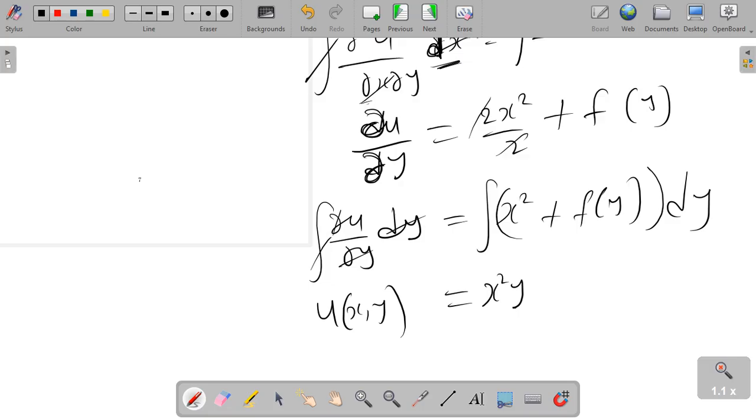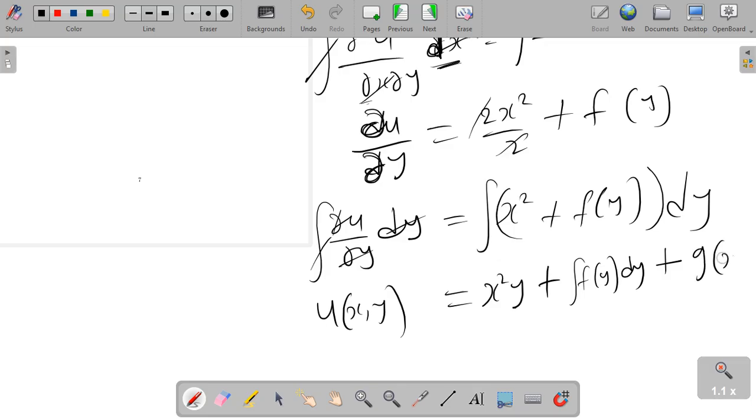Remember that this is a function of y. Integrating it is going to give us the integral of that function of y with respect to y. Then plus a constant, and that constant will now be another function of x. Why? Because the new integration was with respect to y.